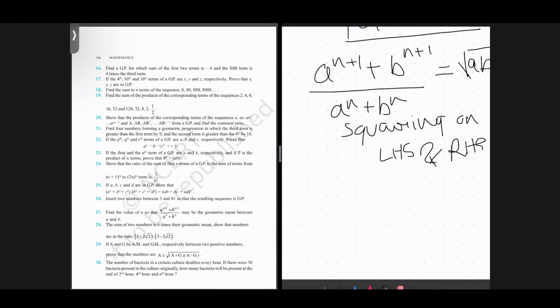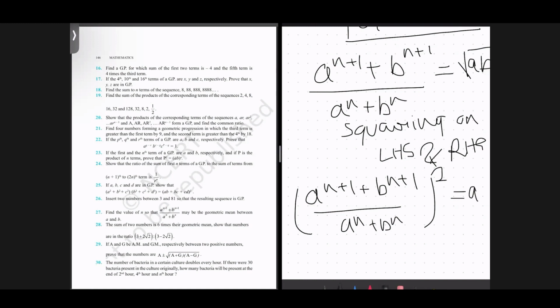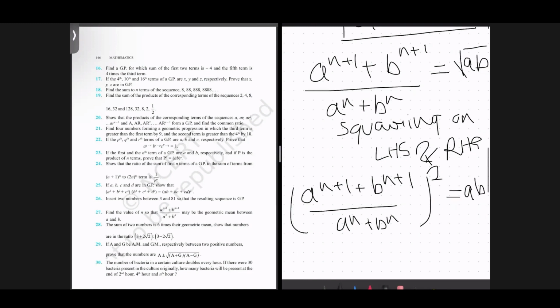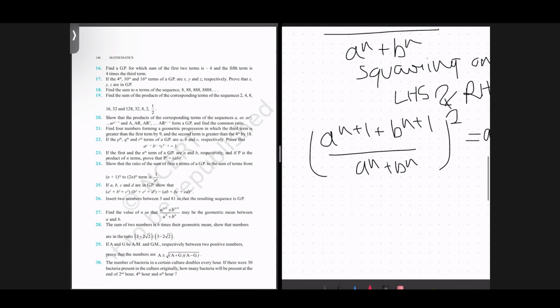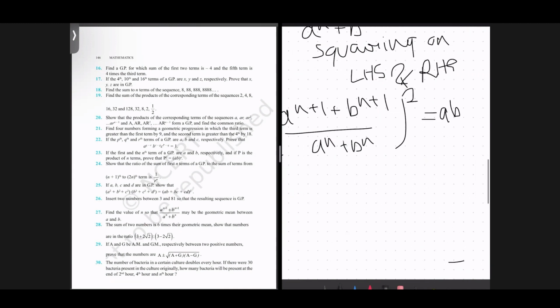So in the LHS, you would have (a raised to the power n plus 1 plus b raised to the power n plus 1) upon (a raised to the power n plus b raised to the power n) whole square. And now on the RHS, you have ab, right? Because root ab squared is just ab. So what you are now left with is, let us cross multiply (a raised to the power n plus b raised to the power n) the whole squared on both the sides, and see what you are left with, right?